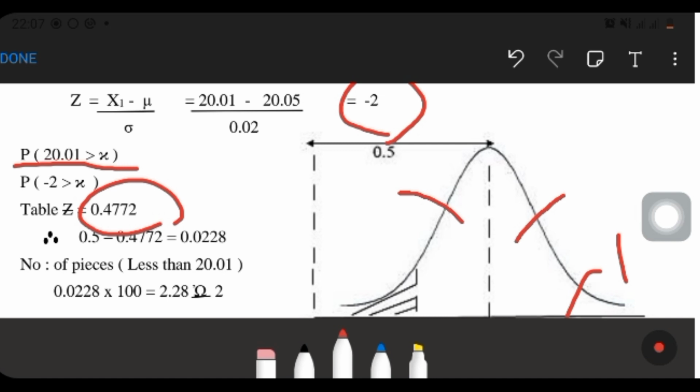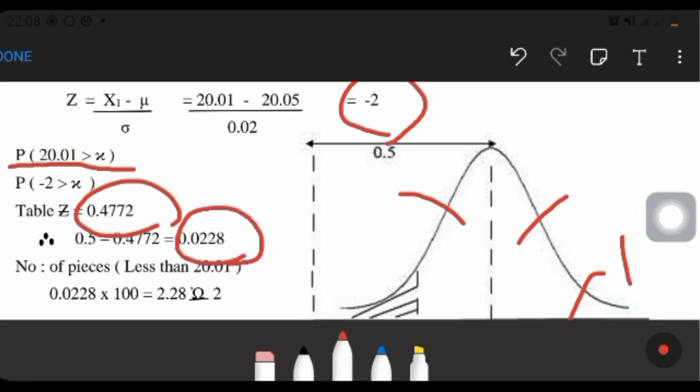So we have to subtract 0.4772 from 0.5. Then you can get the answer as 0.0228. So that's the value, right? Then 0.0228 multiplied by 100, and you have got 2 pieces as the answer here.